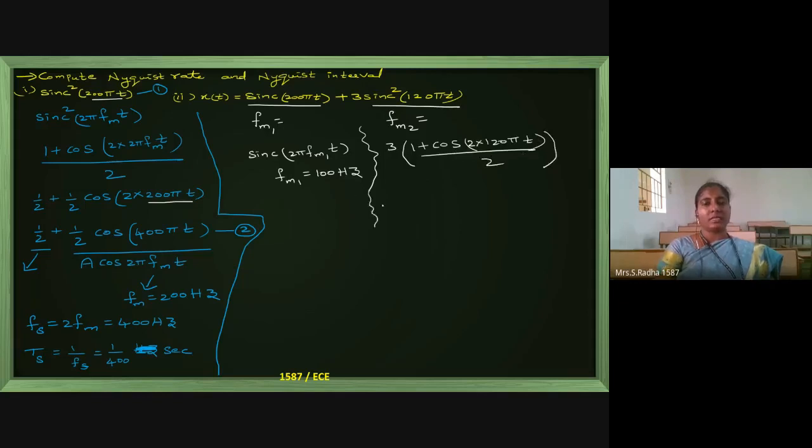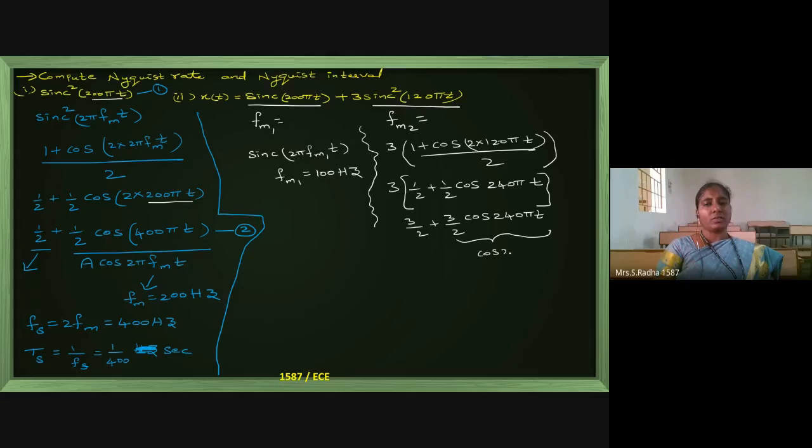And in the second term, what you have is a constant 1 by 2, and then cos 240 pi t. Constants will not affect any angle, so you can just retain the constants as they are. Now you equate only where cosine and sine are present.